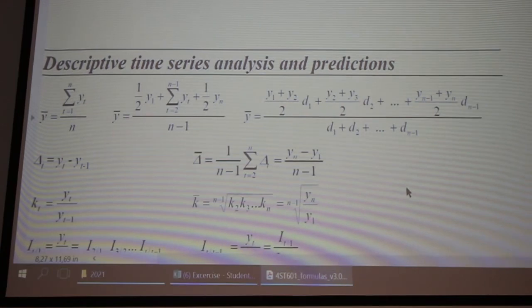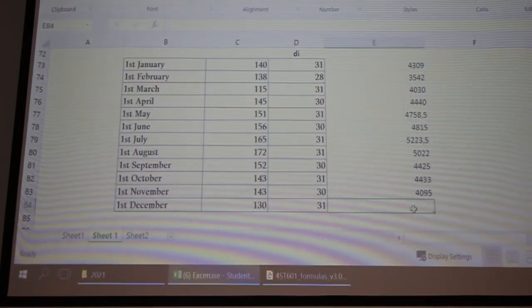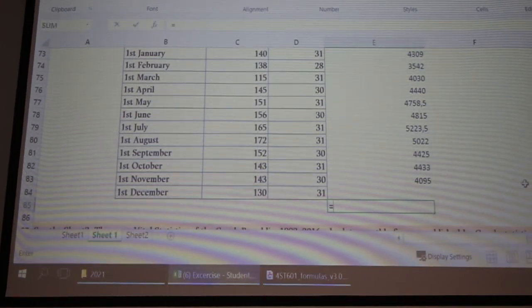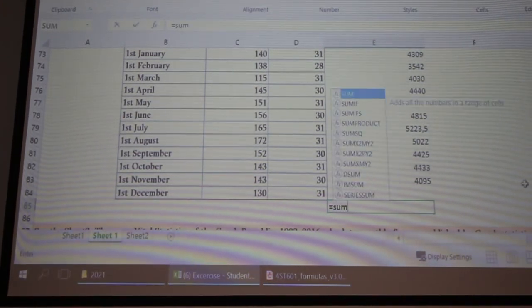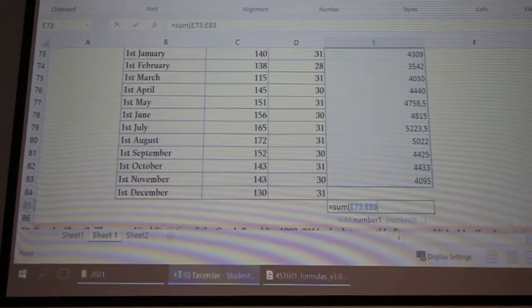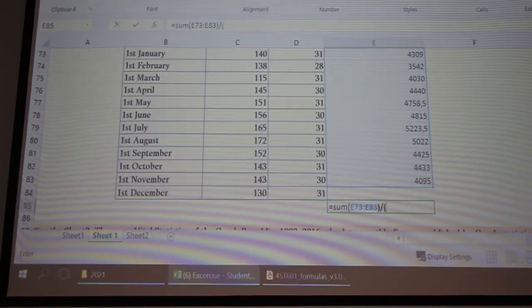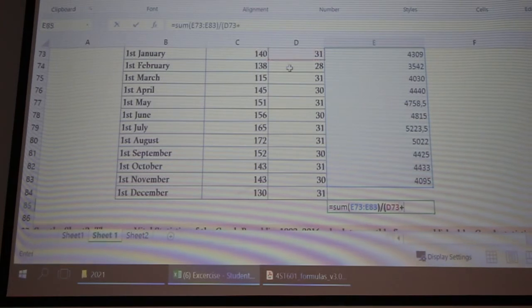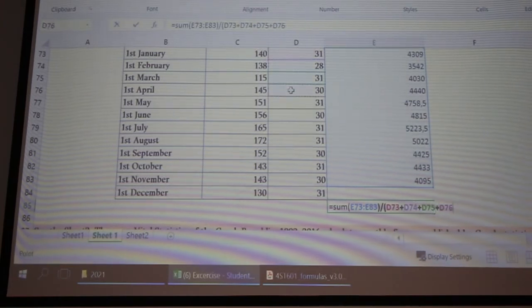Yes. So I will calculate, for example, here the summation, equal sign, summation of these values, yes, divided by, and there will be 31 plus 28 plus 31 plus 30 plus 31 plus 30 plus 31 plus 31 plus 30 plus 31 plus 30.